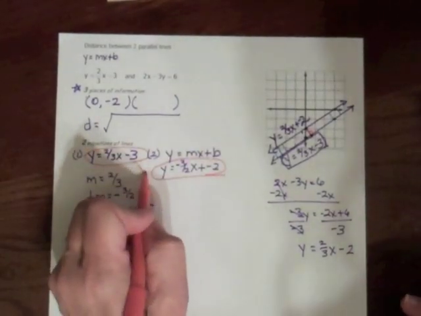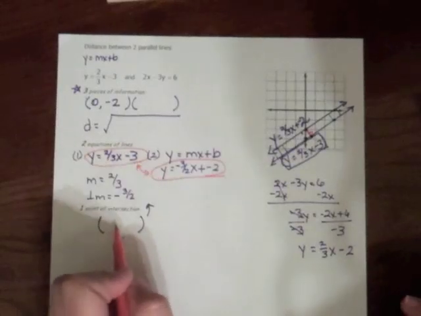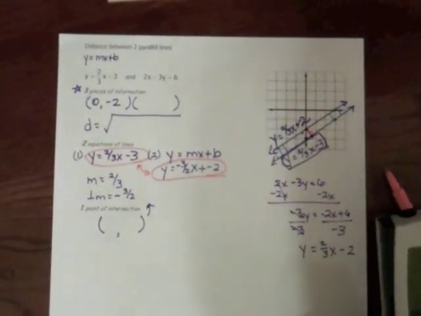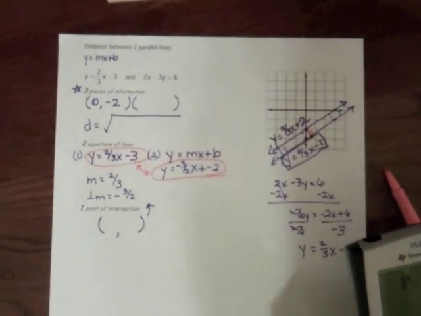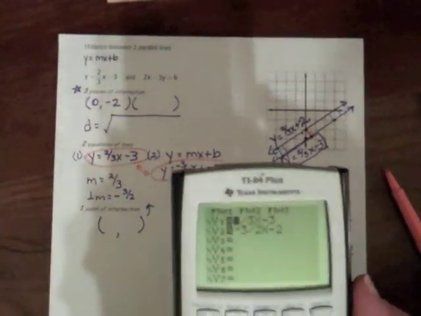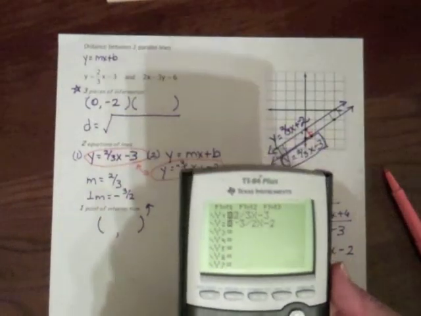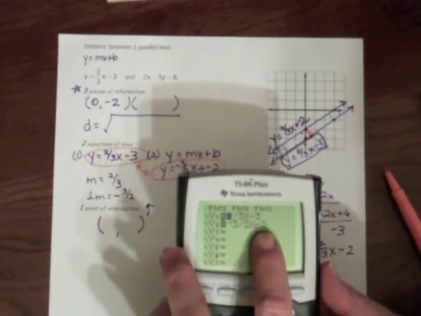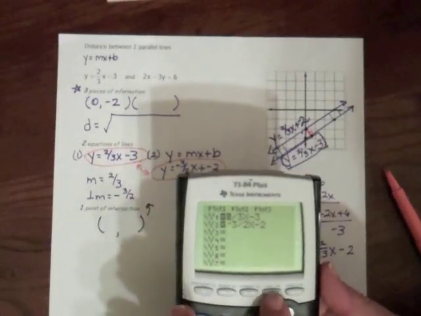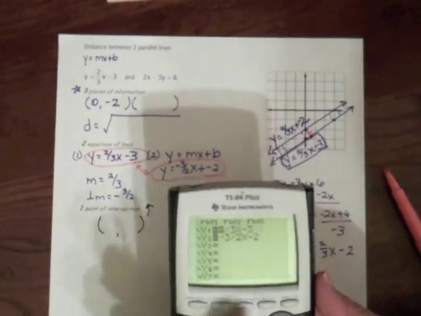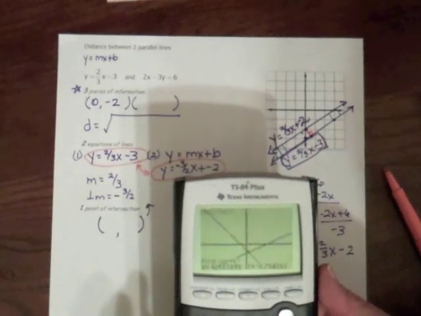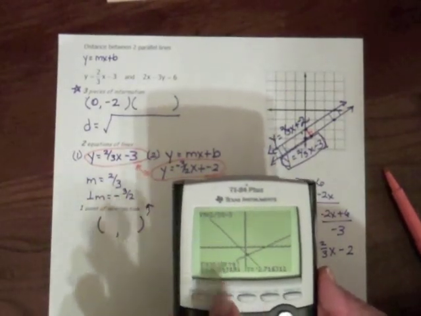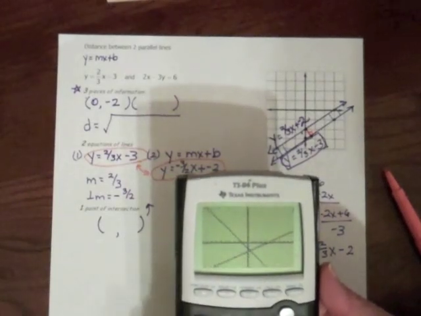So all I have to do is put these two equations in on my calculator, and it'll tell me what the point of intersection is. So I'm going to turn on my calculator, and I've actually already got it on there. So I've got 2/3 x minus 3 and negative 3/2 x minus 2. And I want the calculator to calculate the intersection. So I press second and calculate, 5 for the intersection. Since these are linear equations, we don't have curves, so enter, enter, enter.